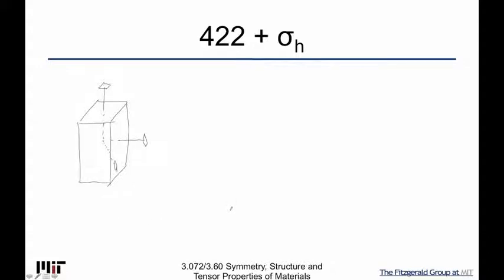So again, if I were to look down on this crystallographically, I'm looking down here, so my eye again is looking down this way.